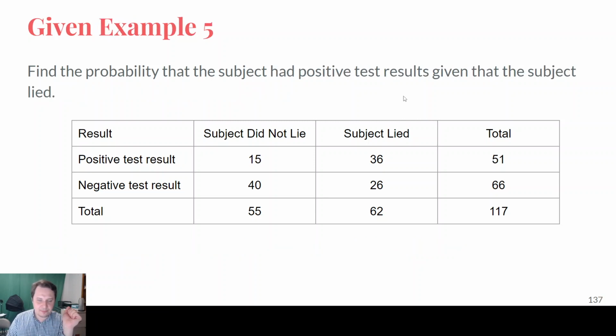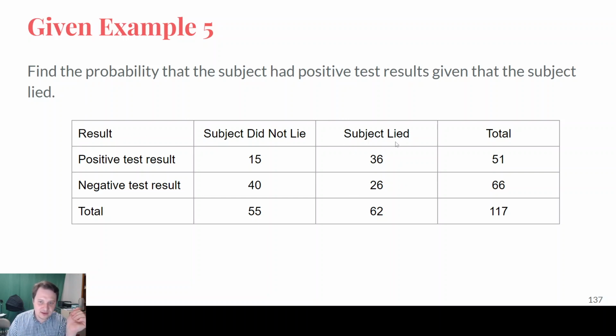One final example. Find the probability that the subject had a positive test result given that the subject lied. Okay? This is a slightly different question than the previous one. What's our given? Our given is that the subject lied. So we know that the subject lied, and so is that a row or a column?